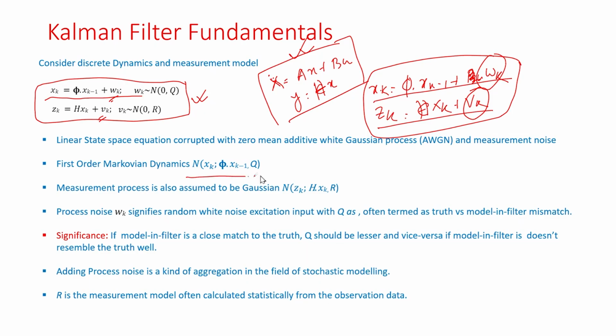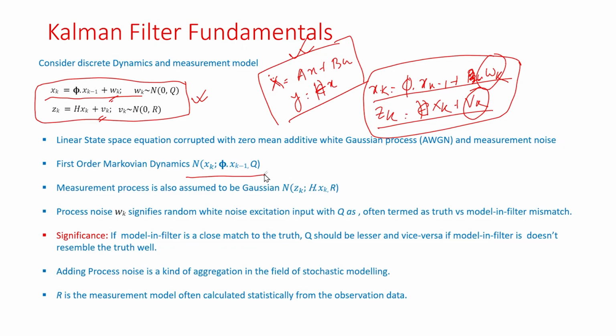What is the Markov process, by the way? A Markov process says the future given the present is independent of the past. That means if I know my present, I do not depend on my past to predict my future. If I know my state value, or the process value at time equal to k, I can easily go to time equal to k plus 1. I do not need k minus 1, k minus 2 or the earlier inputs.